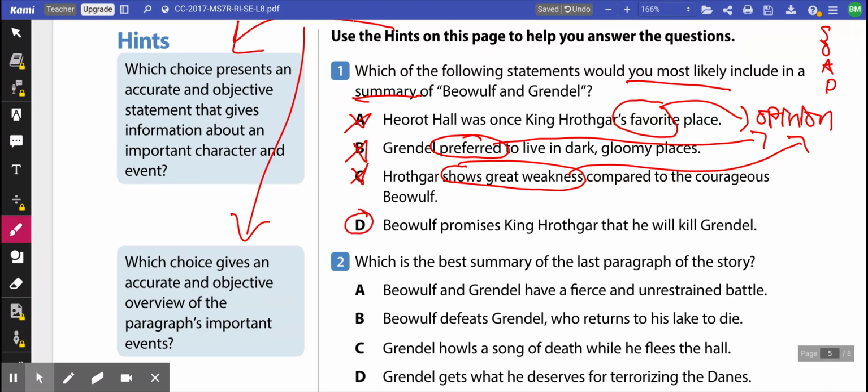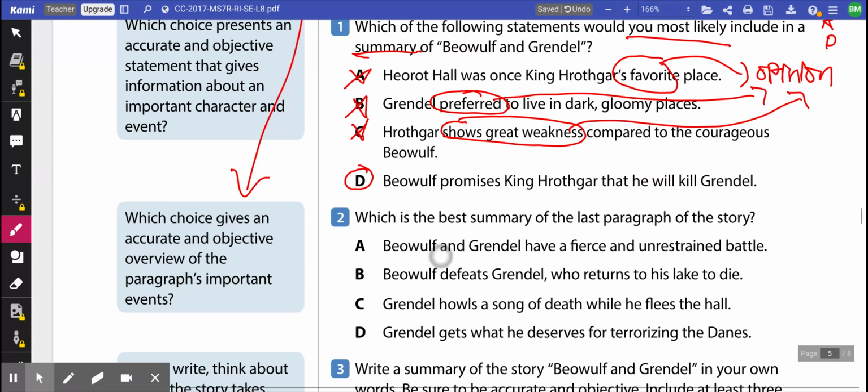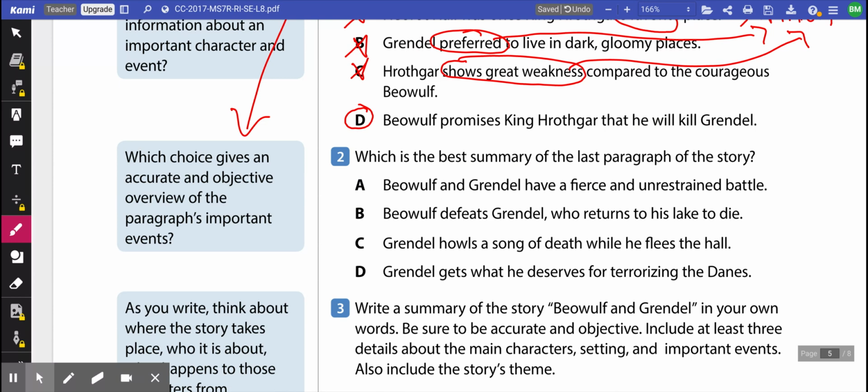And that's also a really good detail that we would want to make sure we included in a summary, that Beowulf is telling him he's going to kill the monster. So D is your answer. By the way, this is your main character, and this is a really good detail, and that's why I'm writing it down.